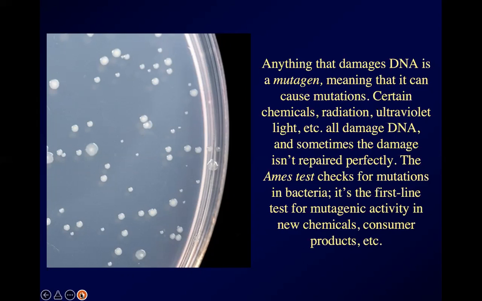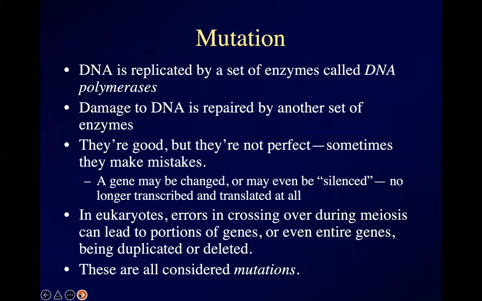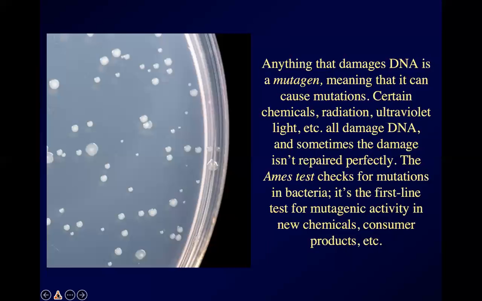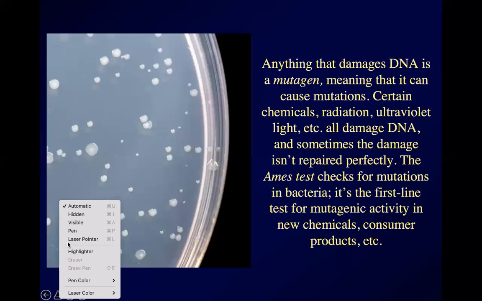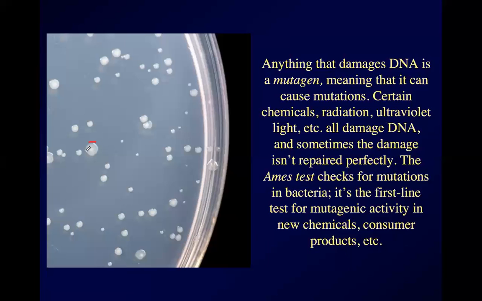What you're looking at here is a piece of a flat dish. It's called a Petri dish with some agar, with some gel poured in the middle of it. And I think you guys are going to be using this in one of the upcoming labs. And those white specks that are growing on the surface, all of these white circles are colonies of bacteria.